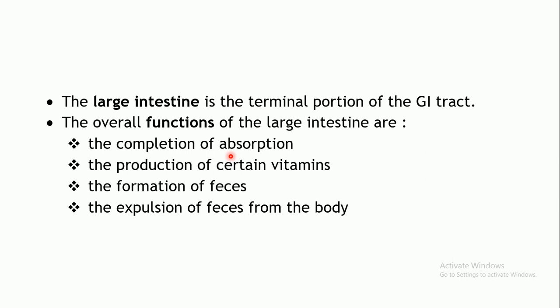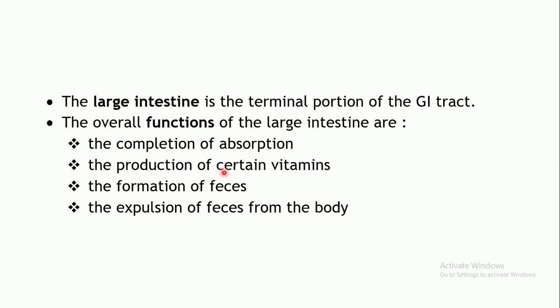We have seen that most of the digestion and the absorption takes place in the small intestine, correct? For absorption there are a lot of structural adaptations seen in the small intestine. So this absorption is completed in the large intestine, so it will continue in the large intestine also.